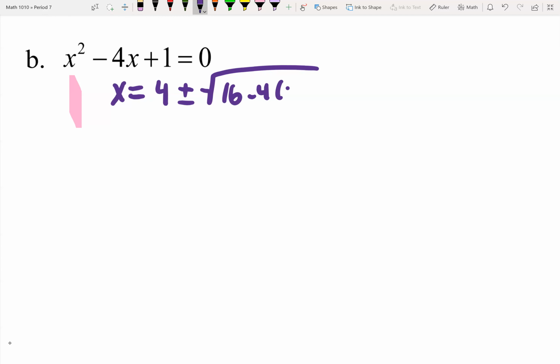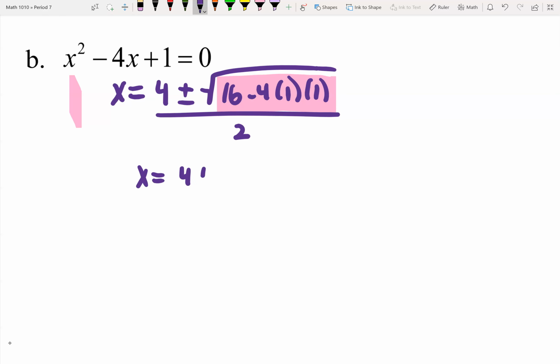Minus 4 times A, which is 1, times C, which is 1, all over 2 times 1, which is a 2. Grab your calculator. Put that in your calculator.